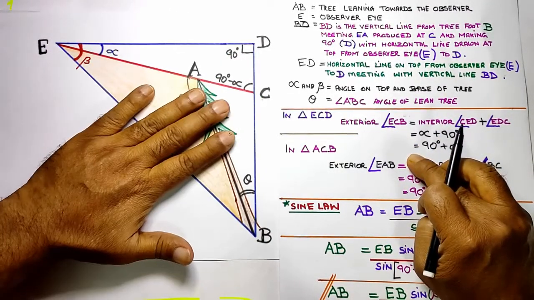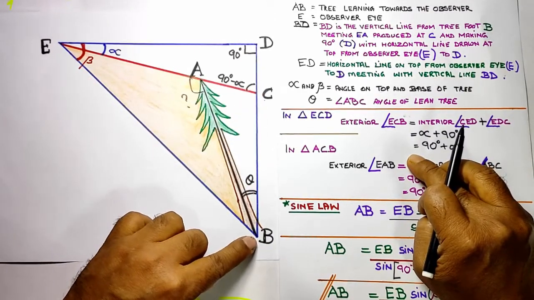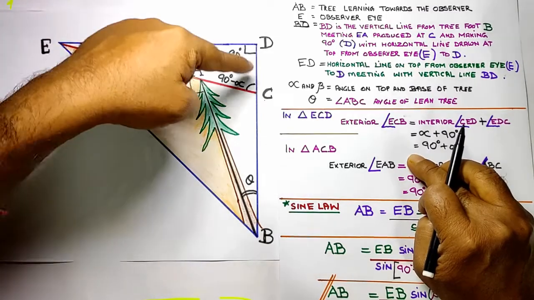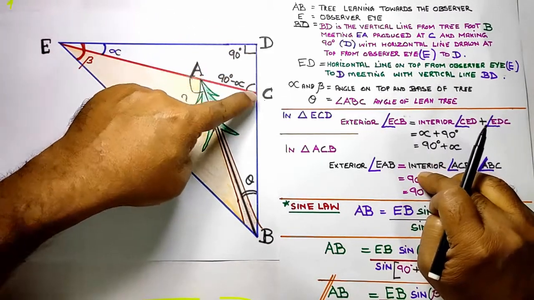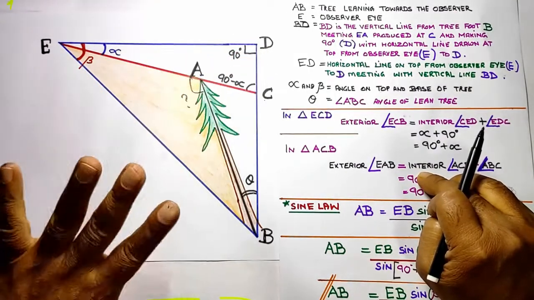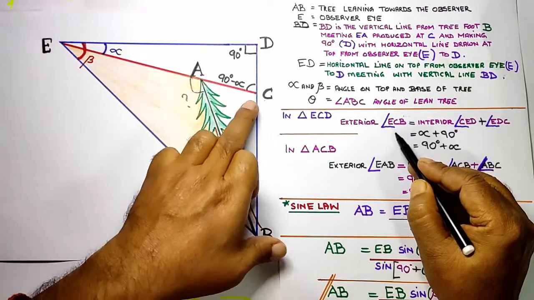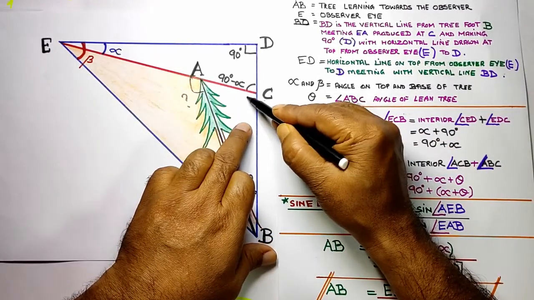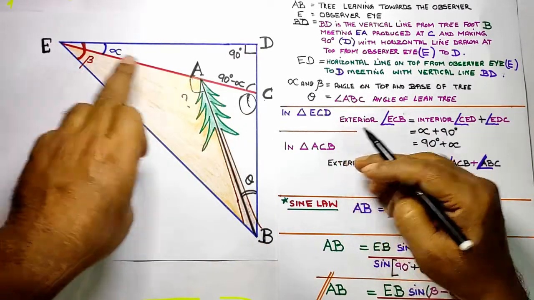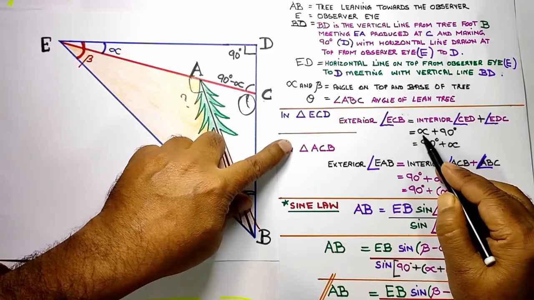So exterior angle ECB is equal to the sum of the two interior angles, CED and EDC. So let's find this angle now. First we'll find this angle, number 1. ECB is equal to what?